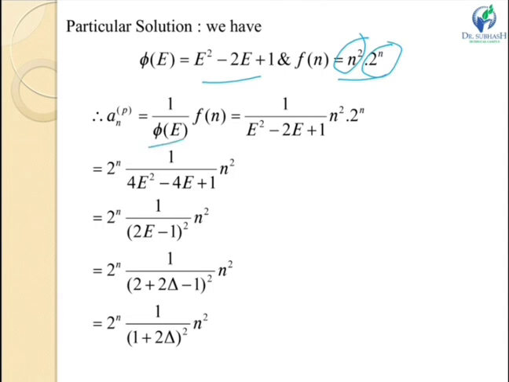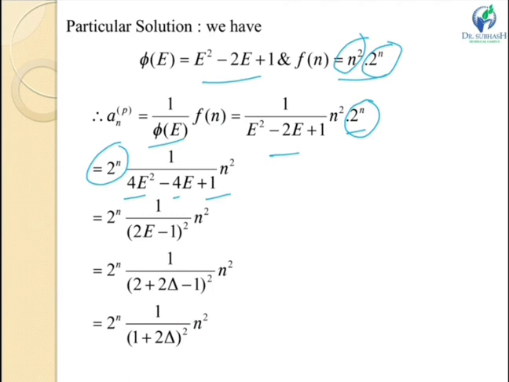Now I substitute the values of phi e and f of n over here. Now here first what I will do is I will take 2 raised to n common, and I will replace e by 2e, as we have done in case 2. Okay, so on replacing e by 2e, I get 4e square minus 4e plus 1.